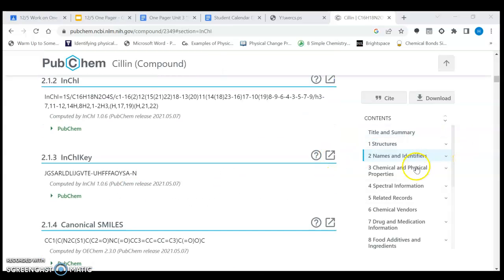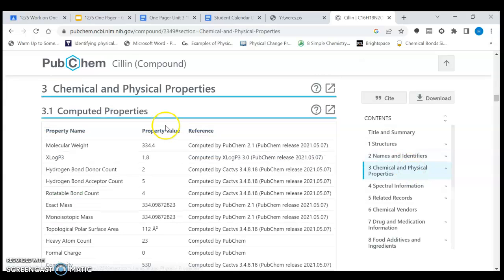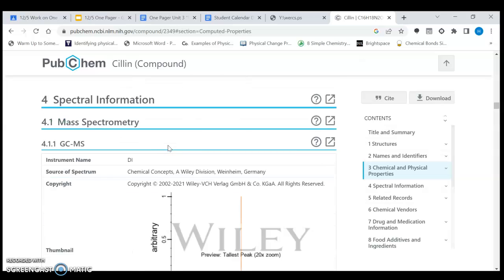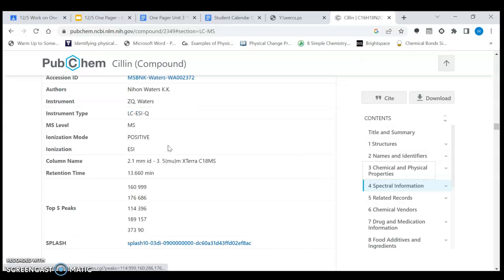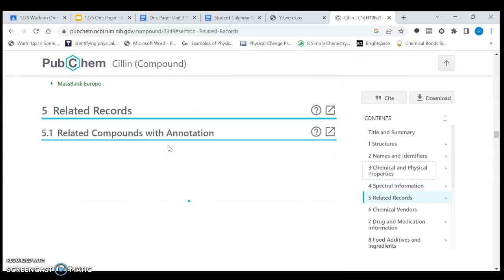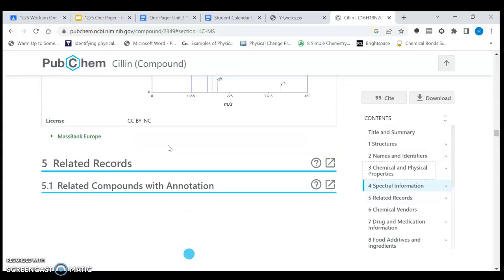So here, when I go and look at chemical and physical properties, we do have the molecular weight, right, going down, looking at all this other stuff. You could do the Control F as well.